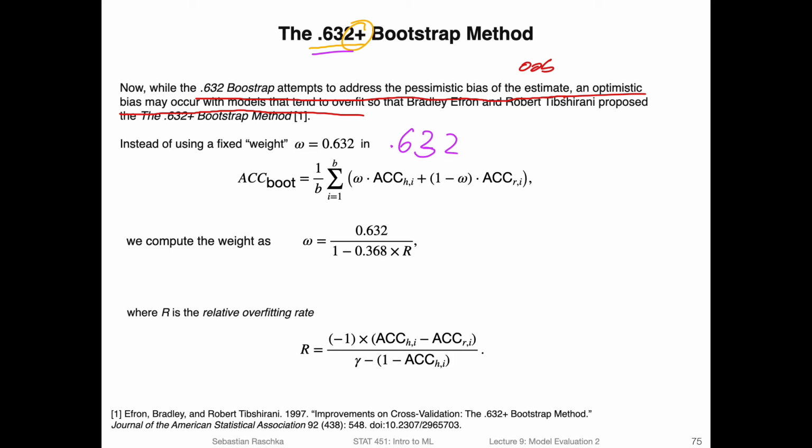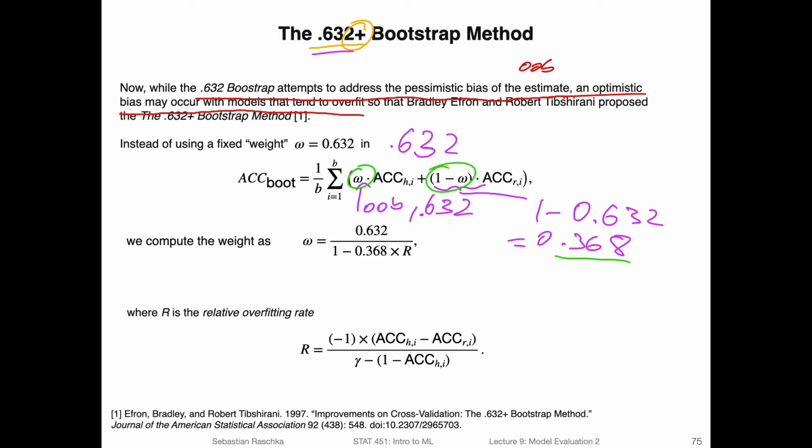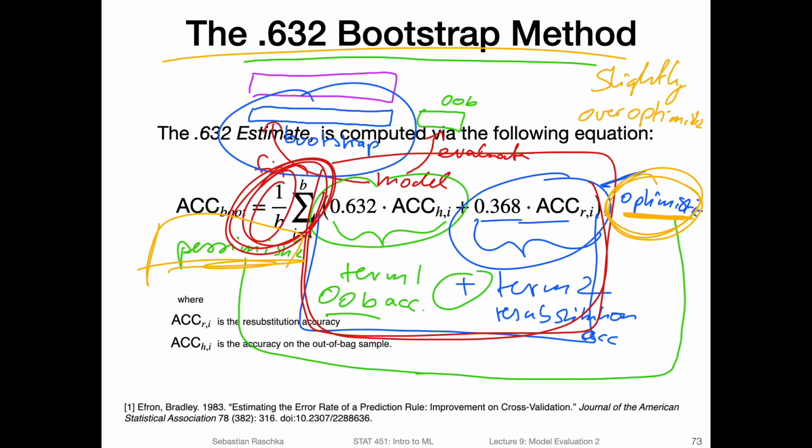You can think of it as a fixed weight where we set this value here for the out-of-bag accuracy to 0.632, and then this value here will be 1 minus 0.632, which is 0.368. So we had these fixed weights. We used for this one the 0.632 and for this one the 0.368 in the previous slide. So just going back, you can see that here. So we had these two values here.